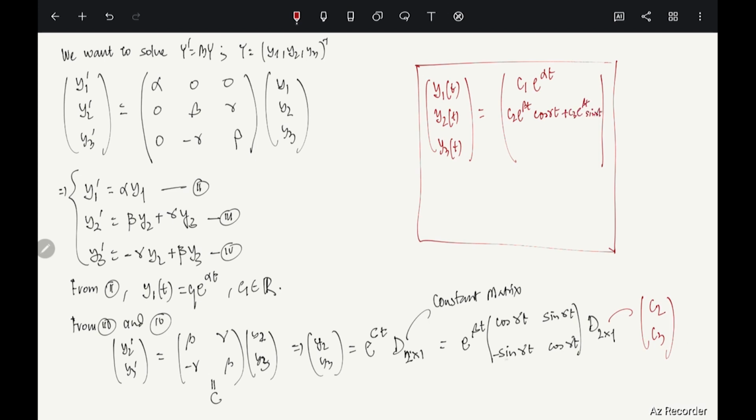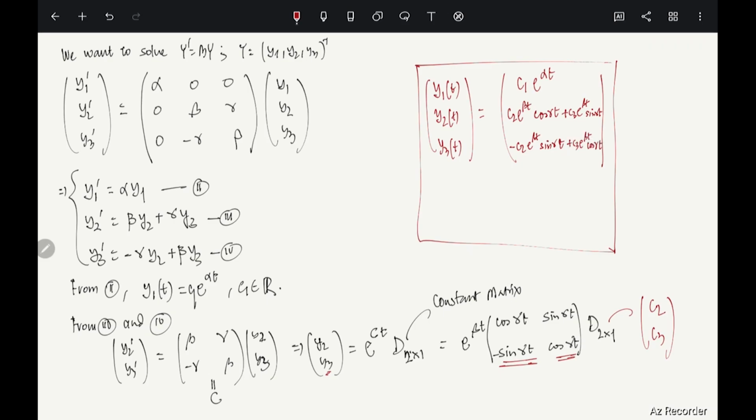Okay, and what is the third expression? Minus c2 e to the power beta t sine gamma t, because you see, what is y3? y3 is nothing but c2 times this, plus c3 times e to the power beta t cosine gamma t.